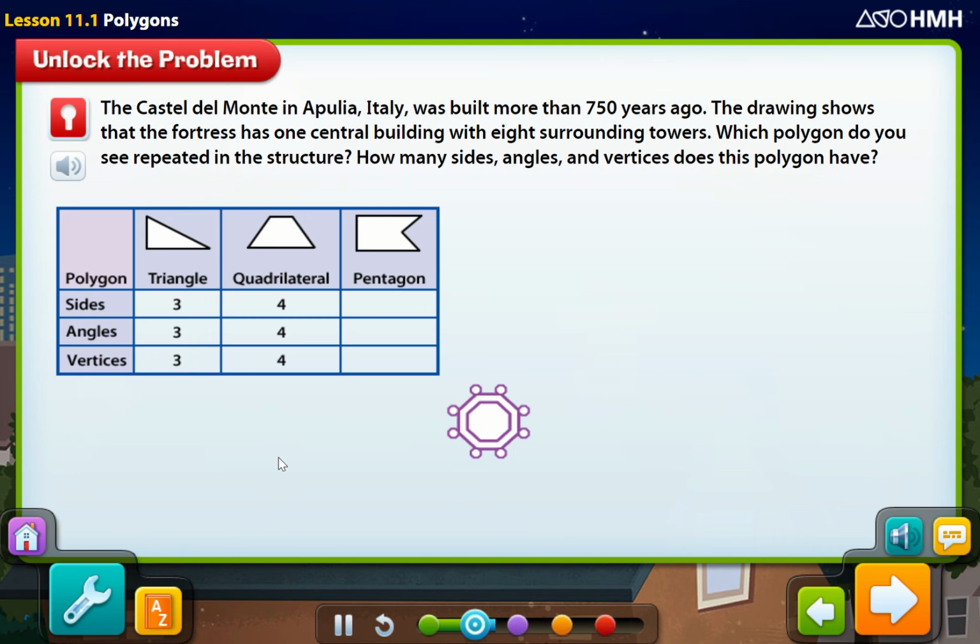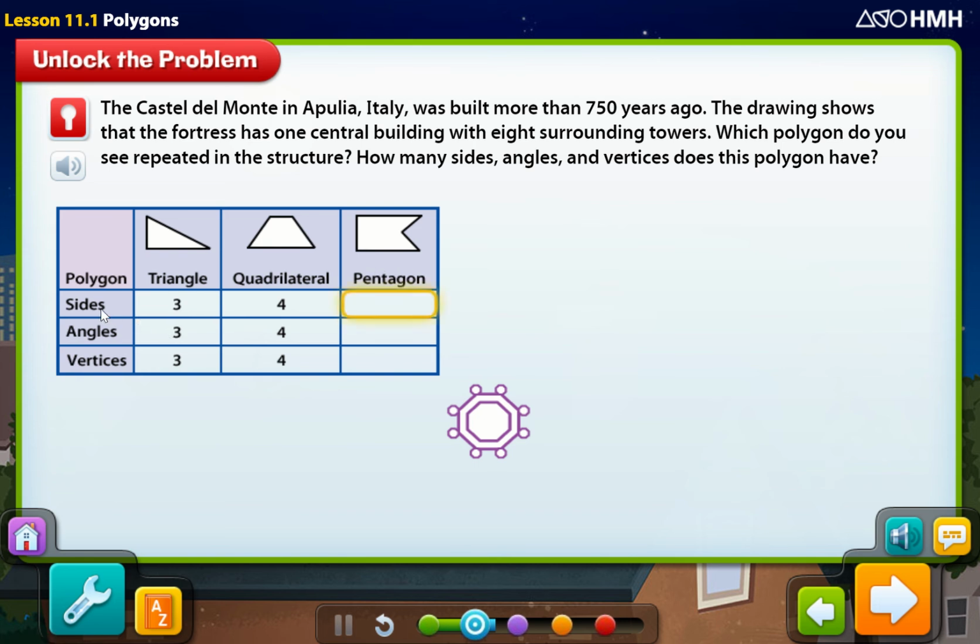The next polygon is a pentagon. What are the characteristics of a pentagon? I'm starting to see a pattern here. The triangle is going to have 3 sides, 3 angles, 3 vertices, 3, 3, 3. Quadrilateral, 4, 4, 4. I'm wondering if that pattern is going to continue. Let's see, a pentagon. I've got 1, 2, 3, 4, and 5 sides. So a pentagon means 5, it's a 5-sided polygon.